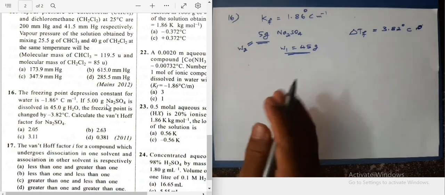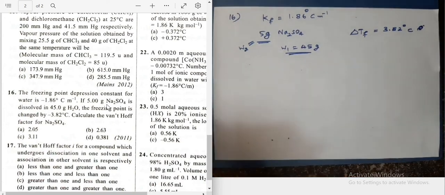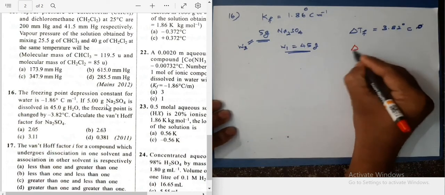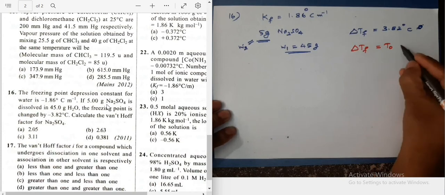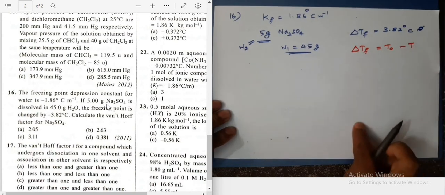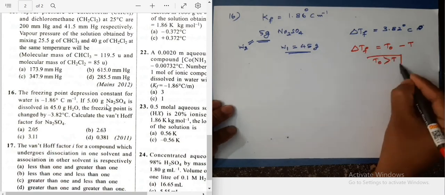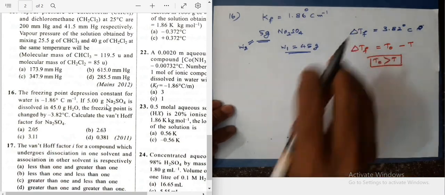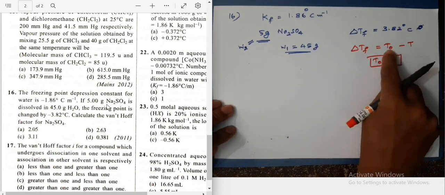Because you know very well, when you add a non-volatile solute in a solvent, freezing point will decrease. Why am I taking a positive value? Because delta Tf is nothing but freezing point of pure solvent minus freezing point of solution, and the freezing point of pure solvent is greater than that of the solution.